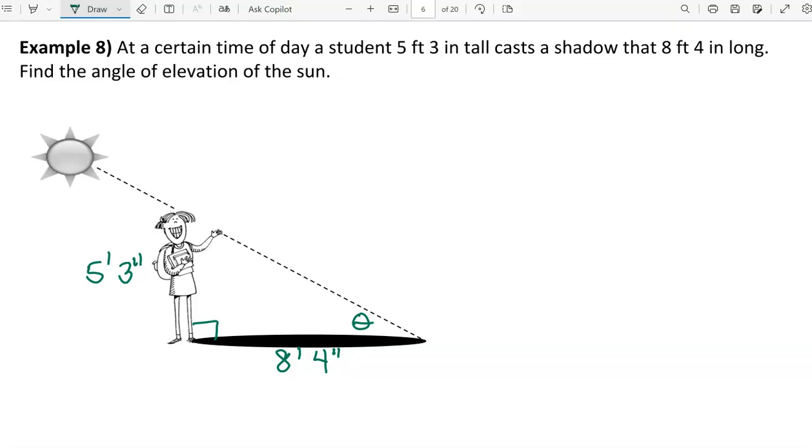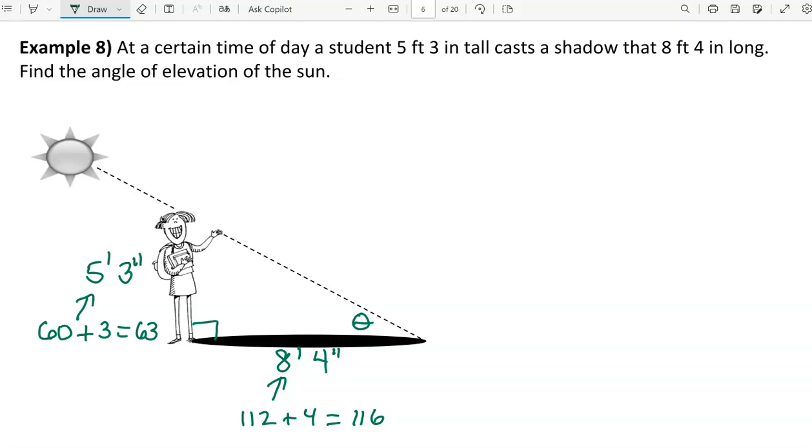All right, it's going to be easier for us if we just convert these to inches. So 5 feet is 60 inches plus an extra 3 is 63 inches. 8 feet, 8 times 12 is 96 inches, plus our extra 4 is 100.